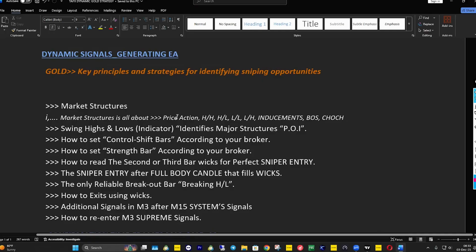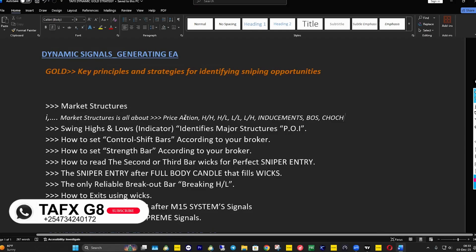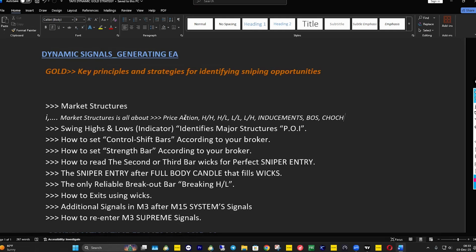When we talk about price action, we must know where the real support or resistance is. We must know the reliable higher highs and higher lows, or lower lows and lower highs. We must know about the inducement.